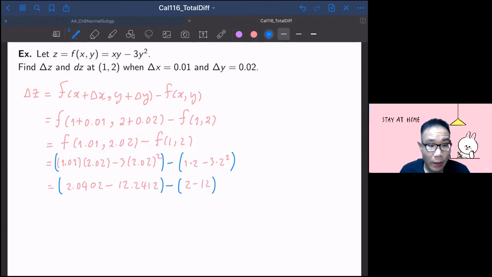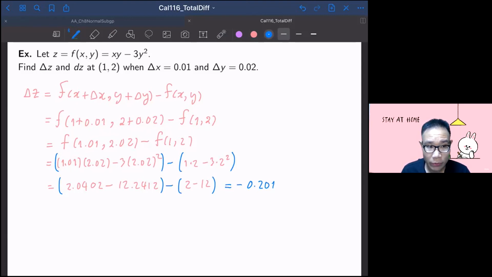The total turns out to be negative 0.201. So this one is not quite simple, and you may have to take some time to evaluate it.